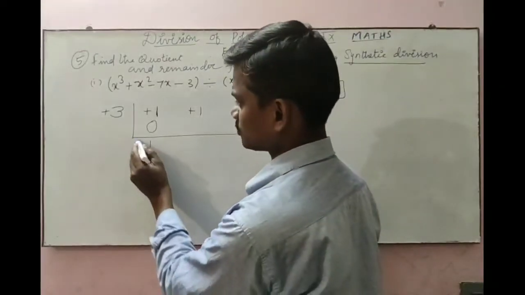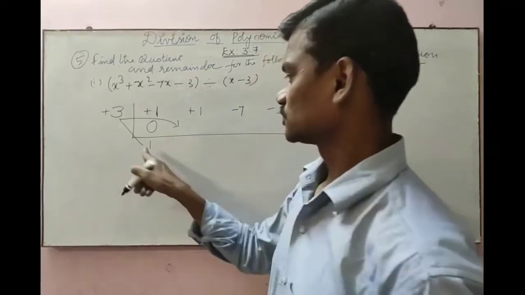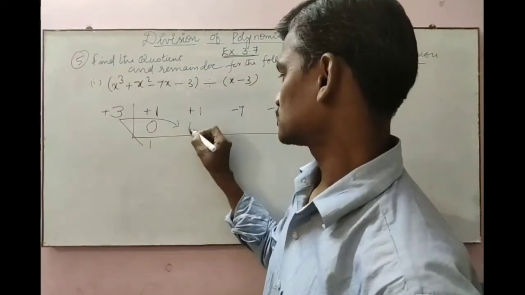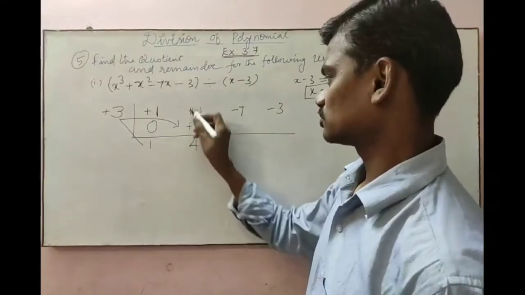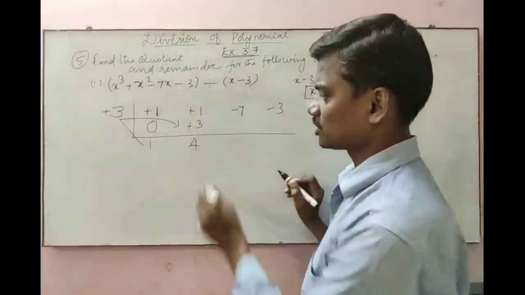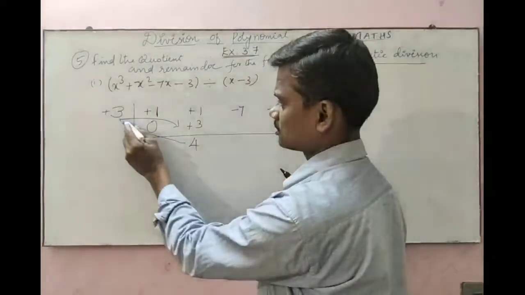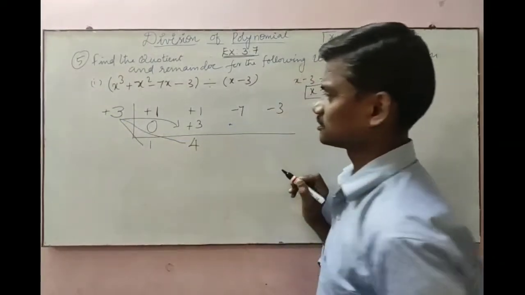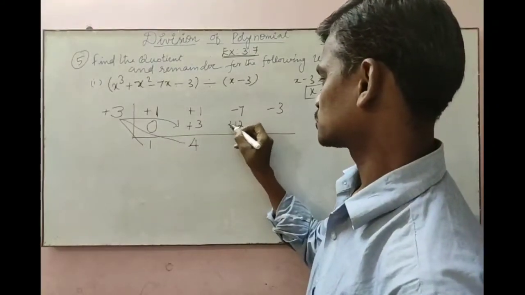Then what is the next step? You have to multiply those two numbers and write it here. 1 into 3 gives 3. Again you have to add, you will get 4. Plus 1 plus 3 gives 4. Again you have to multiply these two numbers and write it here. So 4 into 3, 12, plus 12.